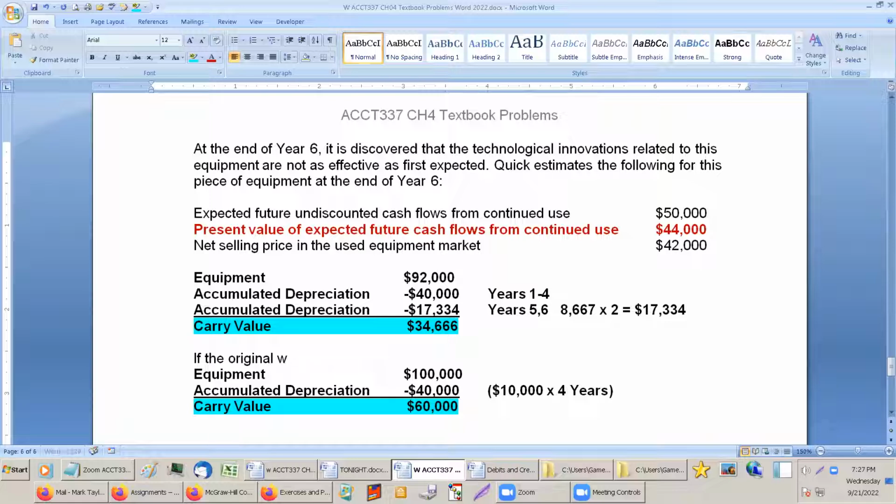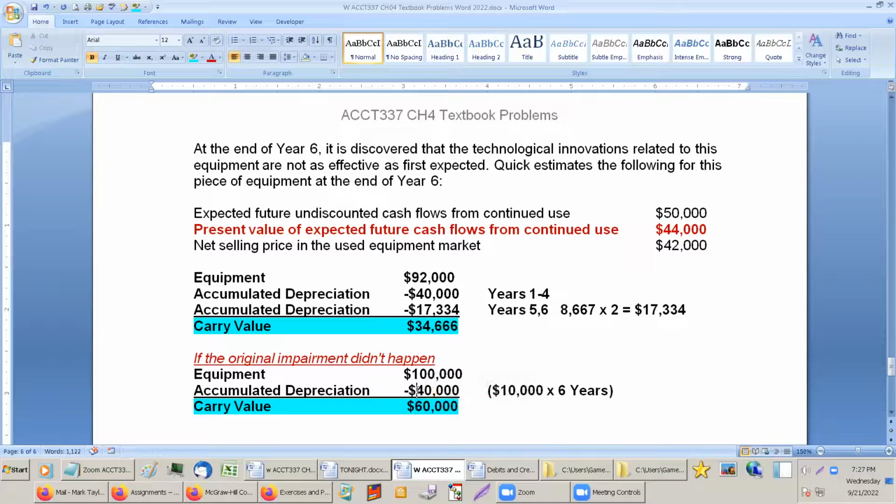Here's the original impairment. If the original impairment didn't happen, what would it look like? Well, this would have been 100,000, divided by 6 years.